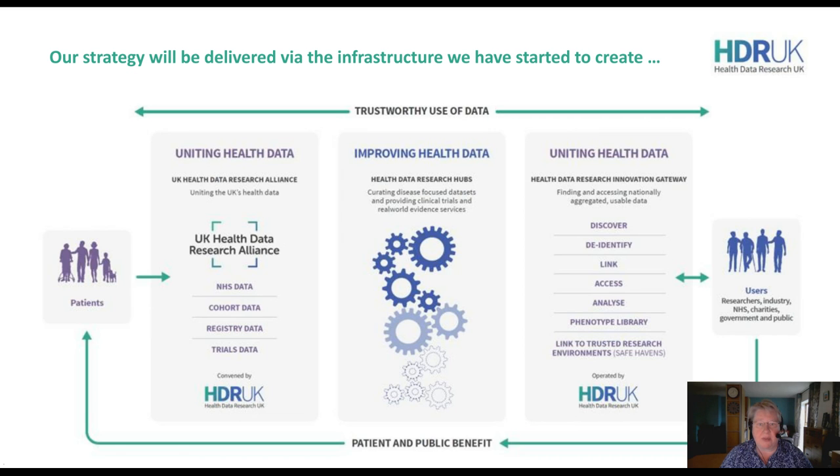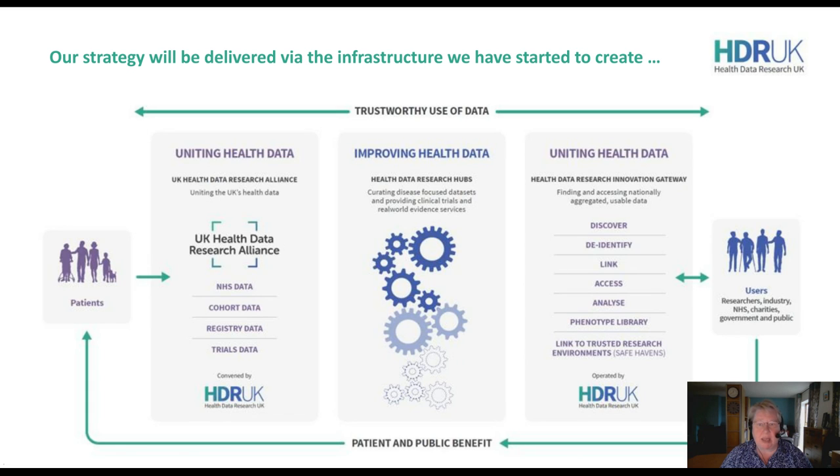So the hubs sit in the middle, as you can see on this particular diagram, and focus on improving health data. On the left-hand side, you've essentially got the UK Health Data Research Alliance, and these are predominantly NHS organisations that have pledged to provide data in an appropriately anonymised way, and it's a combination of cohort data, registry data, trials data.